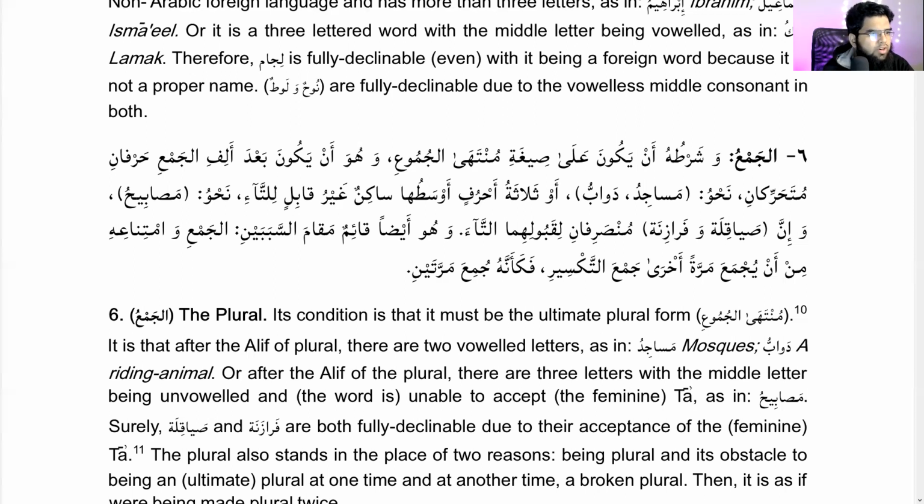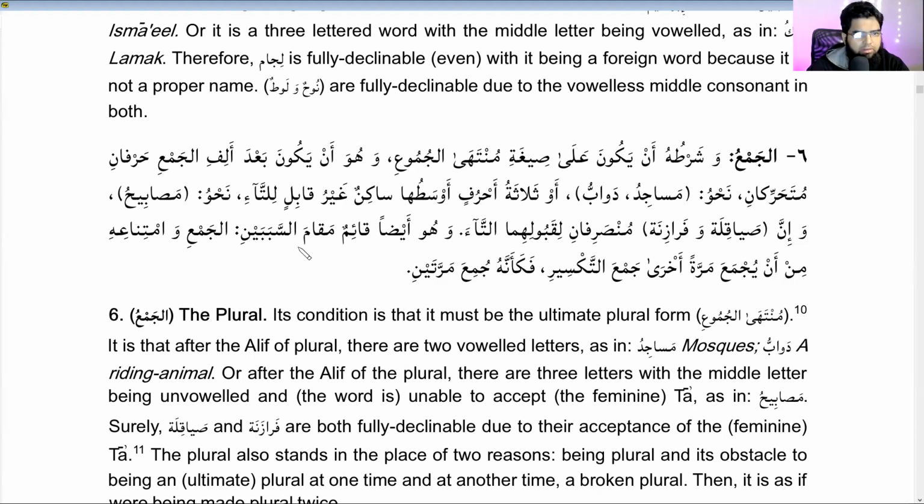I'm not able to find farazin. الرزن المكان المرتفع وفيه طمأنينة تمسك الماء. Let me search المعجم.com. All right, whatever it means, farazina.